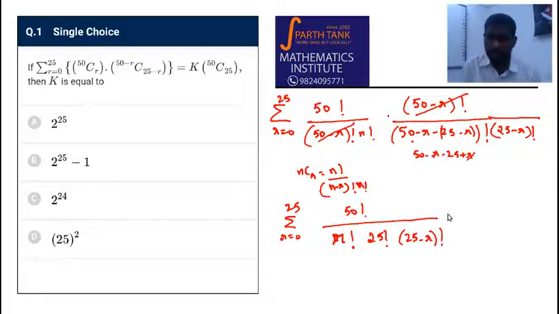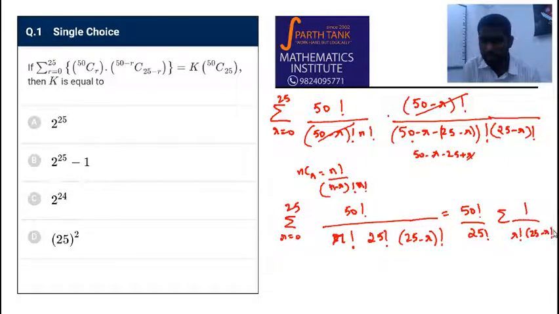Now the summation depends only on the r terms, right? So keep only the r terms inside, take the other terms outside, r from 0 to 25. Now multiply and divide the whole thing by 25 factorial, that is, multiply by another 25 factorial and divide by 25 factorial.